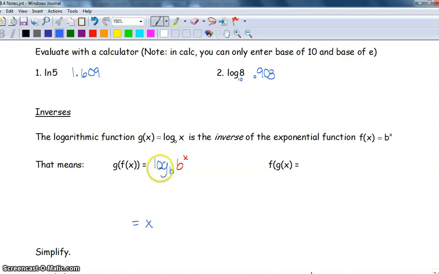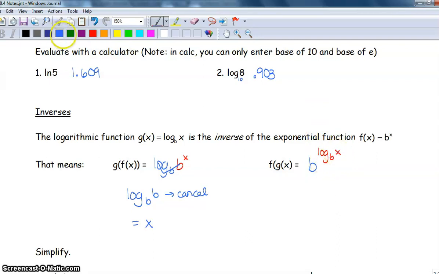So therefore, this is going to cancel out. So anytime you see log base b with b there, that cancels out. So we go to the next one, we want to find f of g of x. So I start with my f of x function, which is b to the x power. But I'm going to take out that x and plug in the g of x, which is log base b of x.